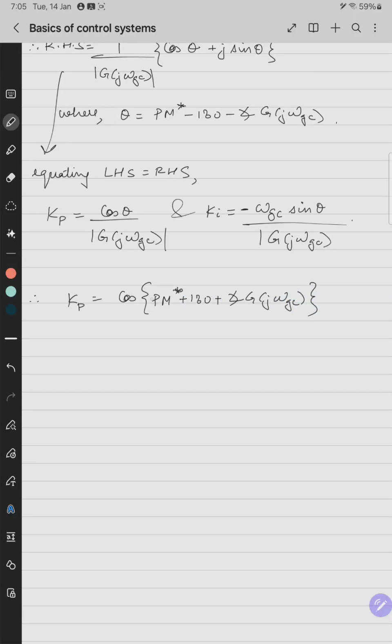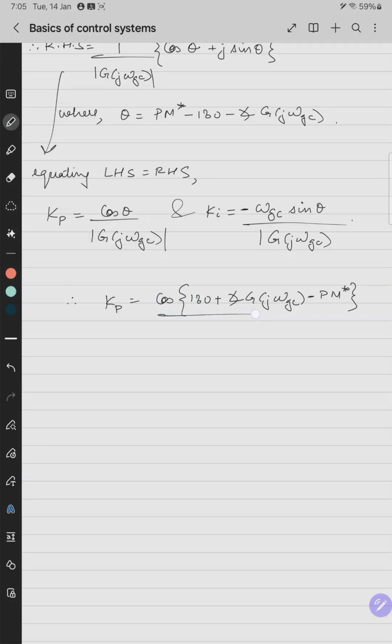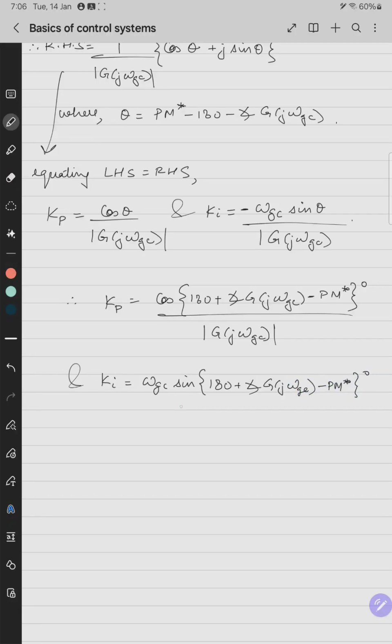So I'll reverse all the signs and write like this: 180 minus PM star, divided by mod of G at j omega gc, and Ki is minus omega gc, so the minus sign is already multiplied there, so it will be omega gc sine of the same angle: 180 degrees plus angle of G at j omega gc minus PM star, in degrees, divided by mod of G at j omega gc.